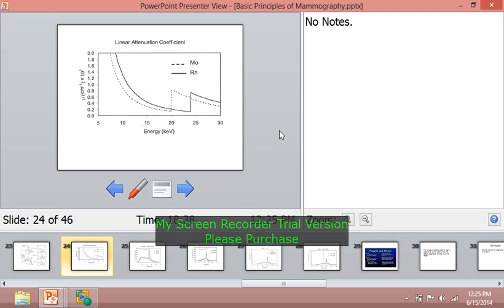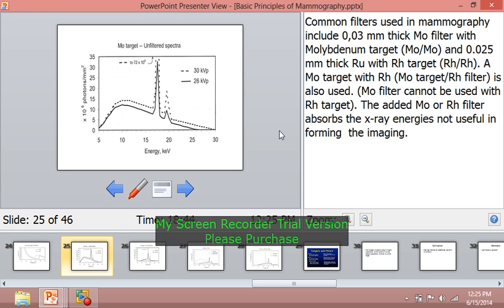And for rhodium also it is the same. When it reaches 24, there is a sudden increase in X-rays. So here the common filter used in mammography is 0.03 mm thick molybdenum for a molybdenum target and molybdenum filter.